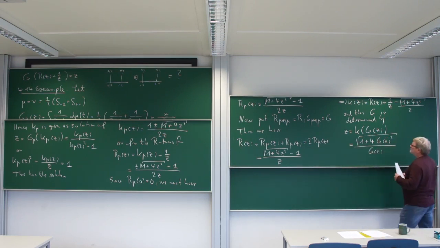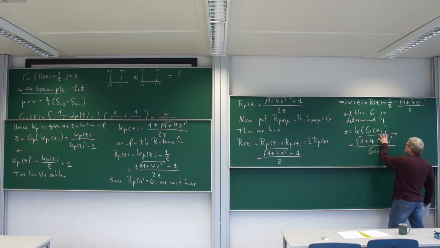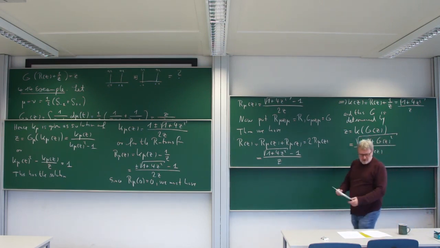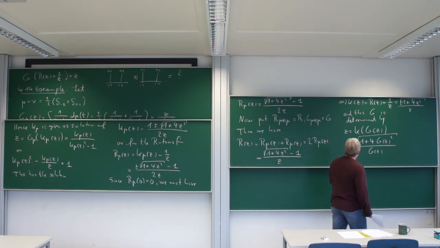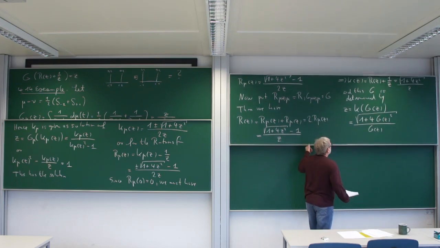So again, we have the equation z is equal to this divided by this, and this is again a quadratic equation. So then I just square everything, and then the square root goes away. I get z squared times g of z squared is equal to what I have here under the square.